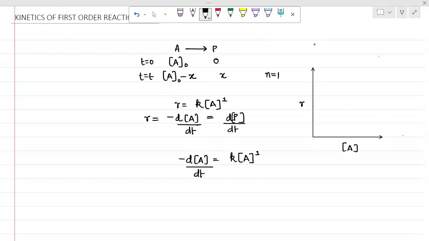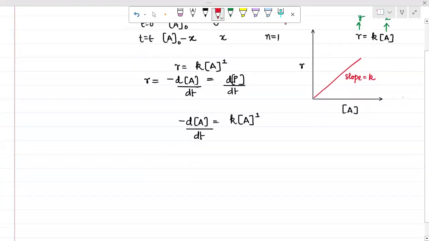We know that rate is equal to rate constant into concentration of A. We have rate along the y-axis, we have A along the x-axis, and this is simply of the form y is equal to mx. There is no intercept. Intercept value is 0, which means it's going to be a straight line which passes through 0. Easy. And what would be the slope? K, rate constant.